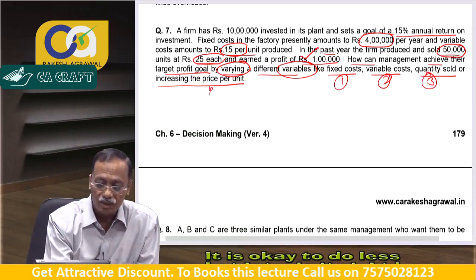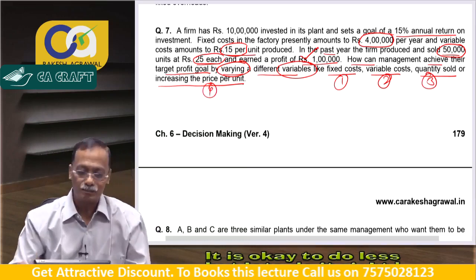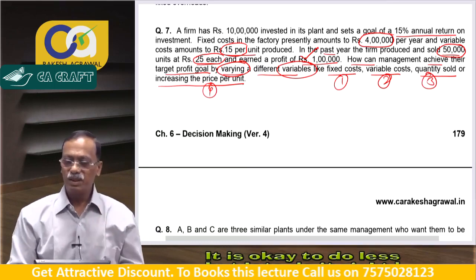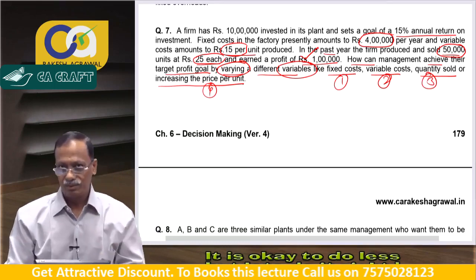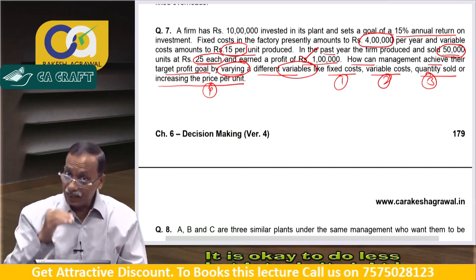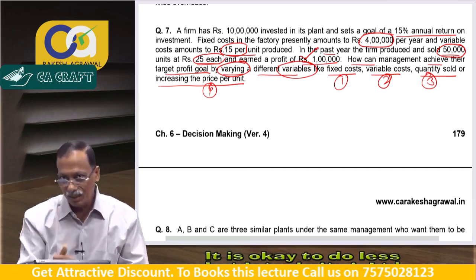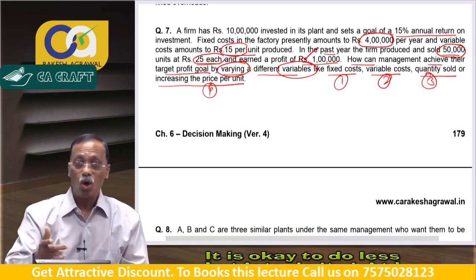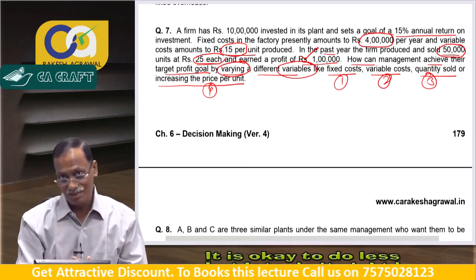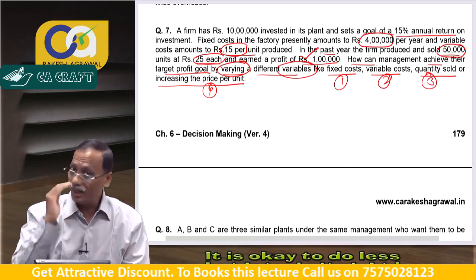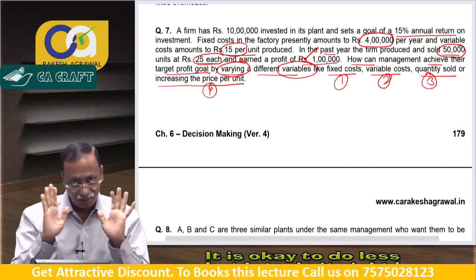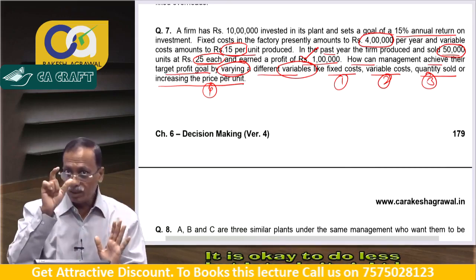And increasing the price means by how much I should increase the sales price. So simply speaking, you have to increase the profit. To increase the profit, either decrease the cost, or quantity sold should increase, or selling price should increase. That is the logic.